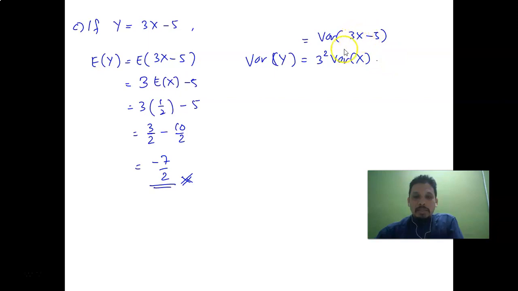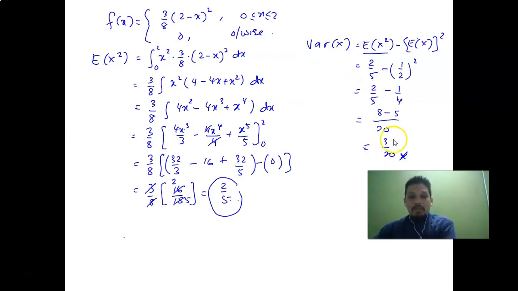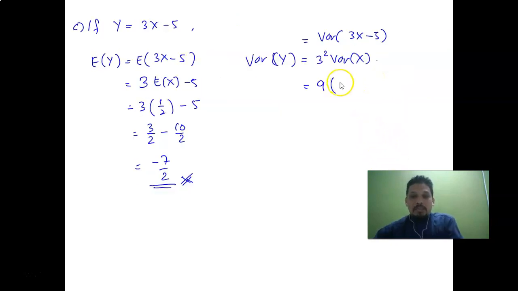It's just between 3 and x, so 3 squared times the variance of x. So 3 squared equal to 9, and the variance of x equal to 3 over 20. 9 times 3 equal to 27 divided by 20.